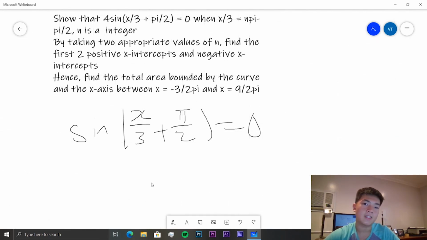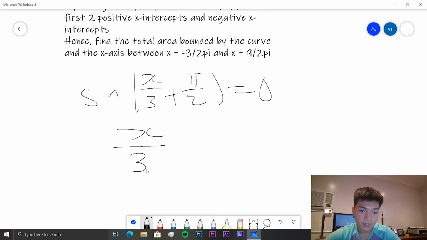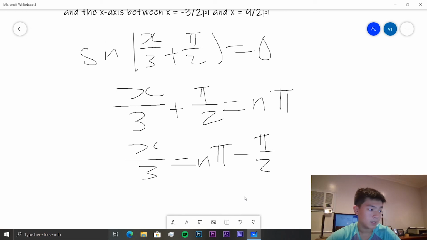This will equal 0 when the inside itself equals 0, or it equals a multiple of 2 pi. So x over 3 plus pi over 2 is equal to n pi. So we have x over 3 is equal to n pi minus pi over 2. So we've proved that part successfully.